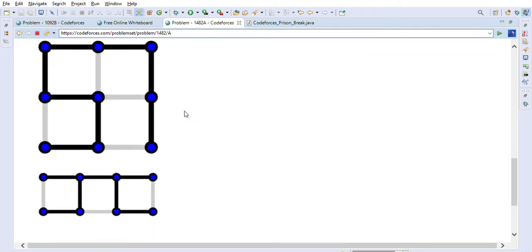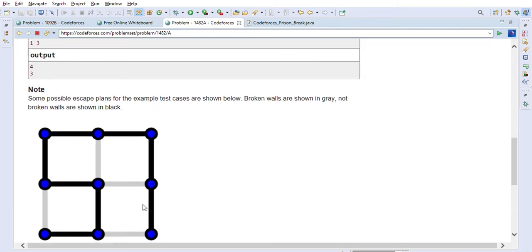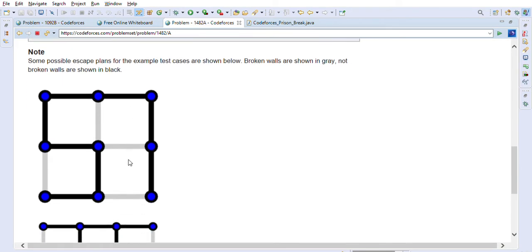They have shown us two examples here. One is the 2 by 2 matrix grid. In this grid, what they have shown us is that these gray color walls are broken. As you can see, this person can go out like this from the prison, this person also can go out like this, and this wall is also broken, so this person also can go out like this.